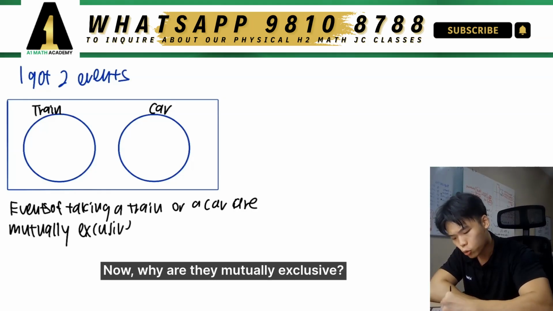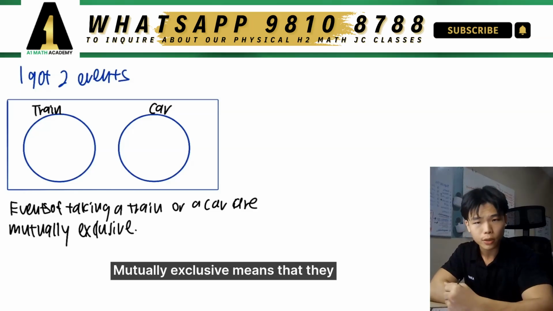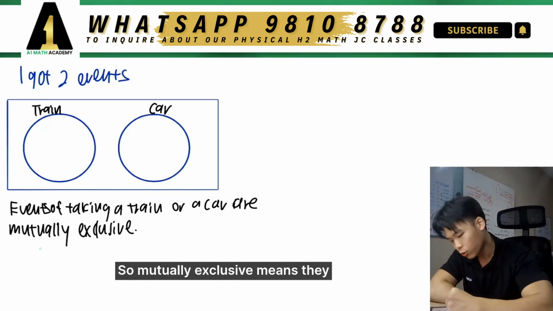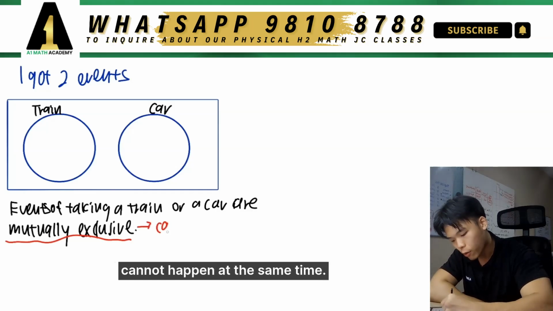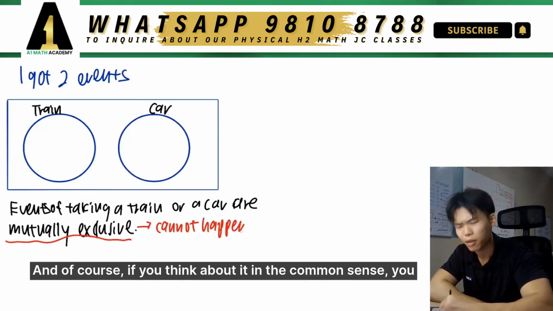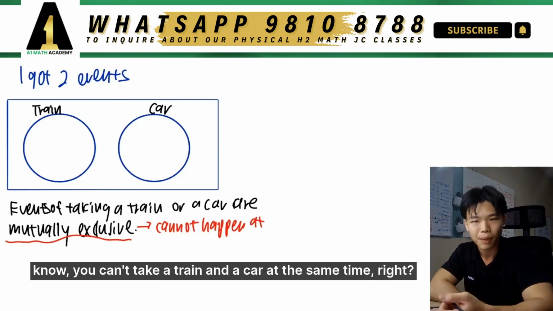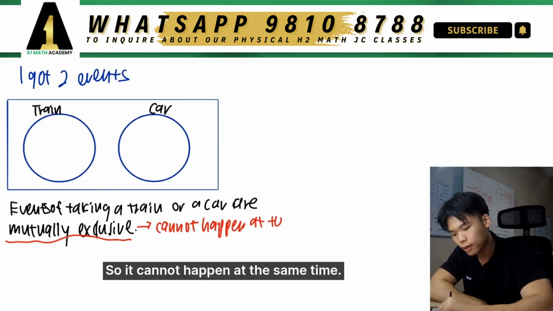Why are they mutually exclusive? Mutually exclusive means that they cannot happen at the same time. If you think about it in common sense, you can't take a train and a car at the same time.